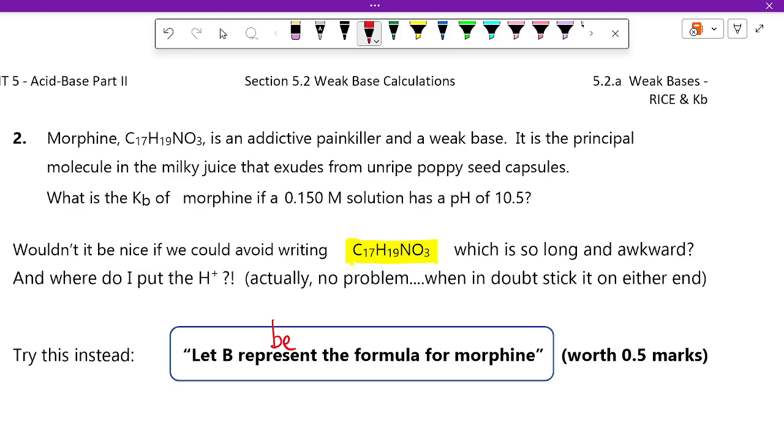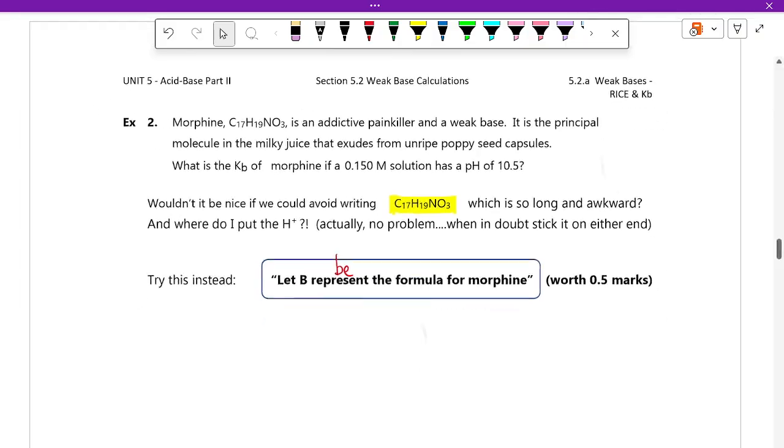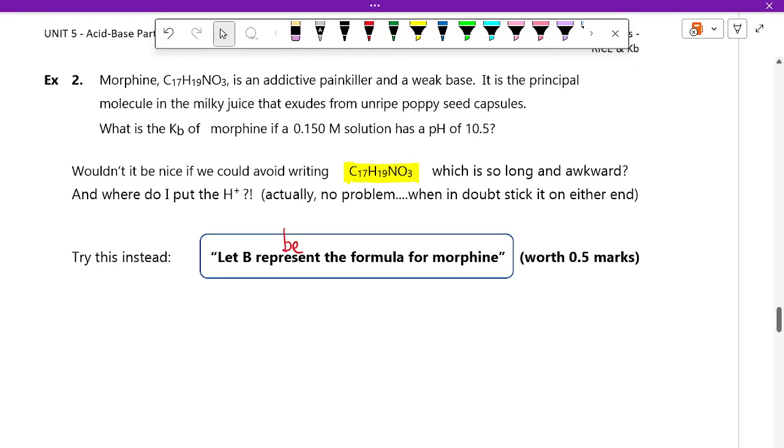Now if you decide to do this and you don't make the let statement, you will lose a half a mark. So you can choose to be like, I don't want to forget to do that, so I'm going to write out my whole C17H19NO3 plus H2O gives, where do we want to put our H?